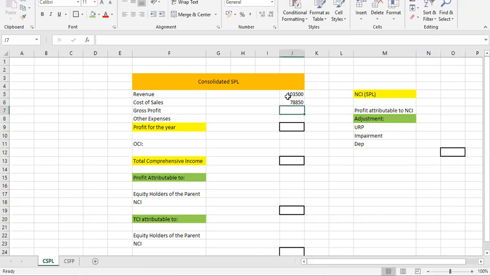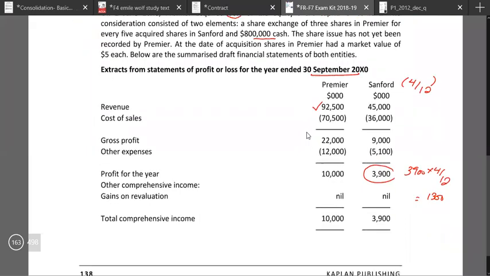The gross profit will be sales minus cost of sales. And then you have the other expenses.